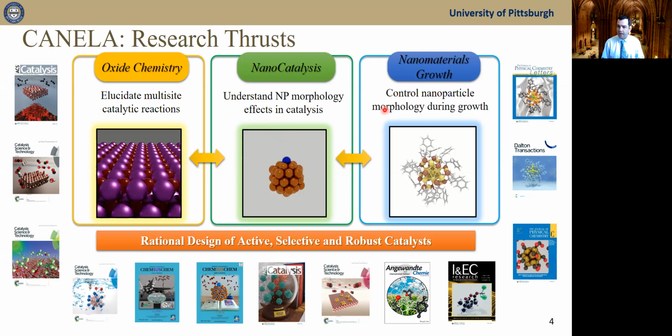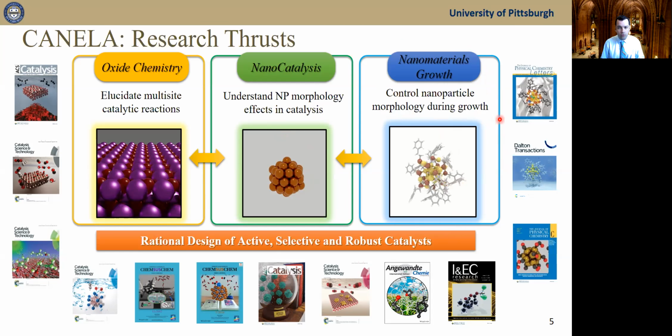In the third thrust, the nanomaterials growth thrust, we try to understand the mechanisms that we can control the final nanoparticle morphologies during synthesis, such as size, shape, and metal composition. Now, why is this important?